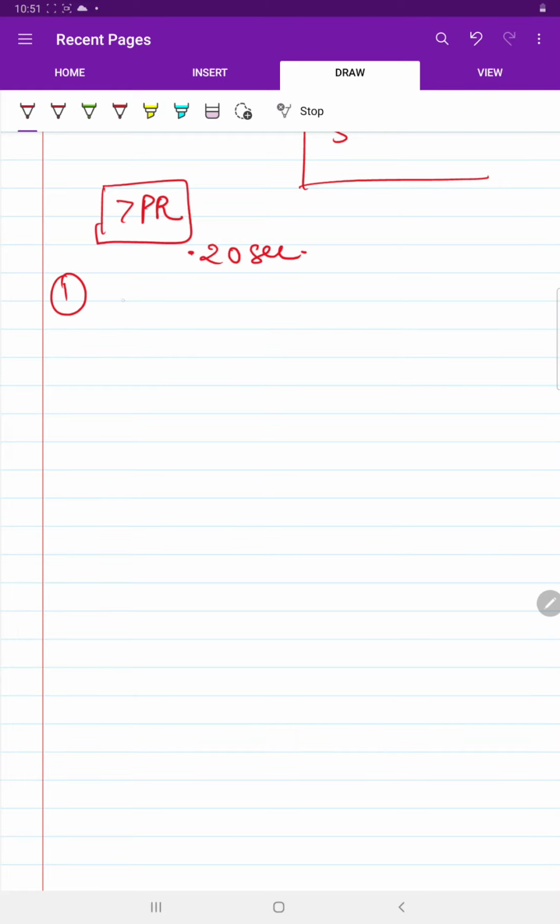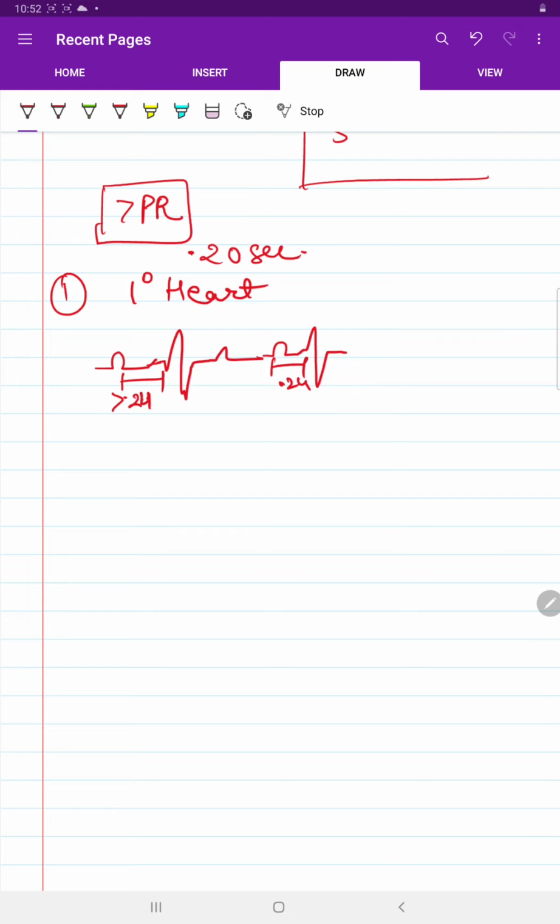What will happen in the primary heart block, or first degree heart block? There will be a constant increase. Suppose this is 0.4, then again in this next QRS the duration is 0.24.